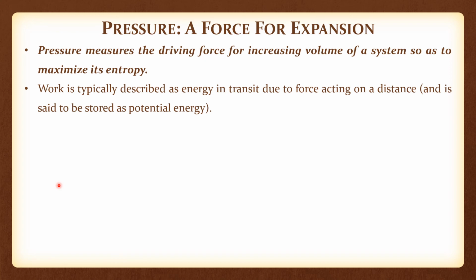We are going to present this argument along similar lines to what we presented for temperature. Work is typically described as energy in transit due to force acting over a distance and is said to be stored as potential energy.